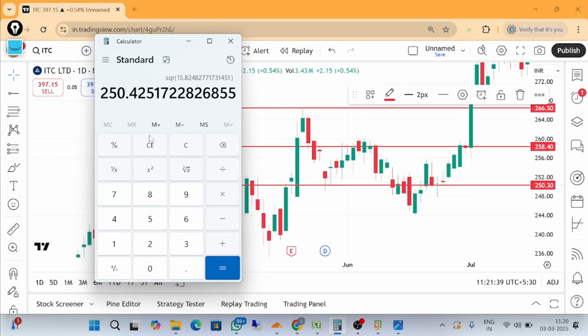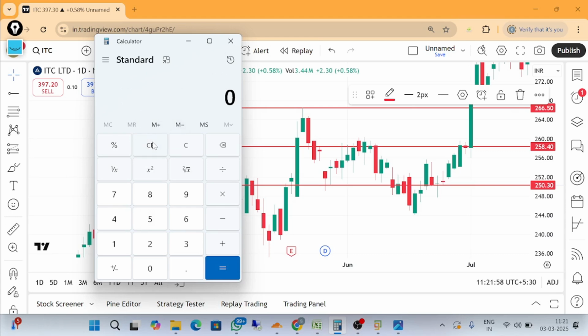Next, 266.5 square root minus 0.75, squared.